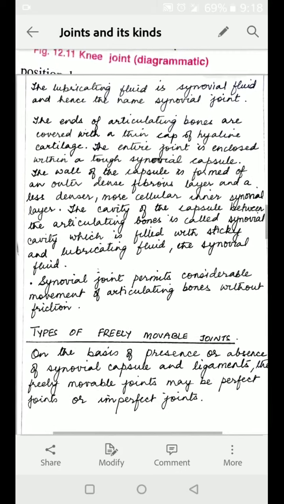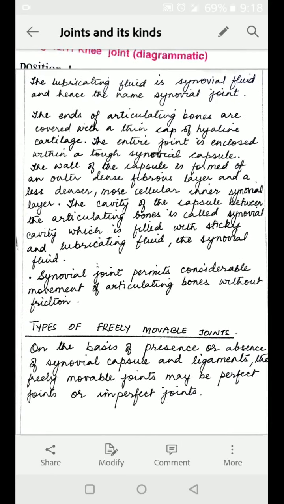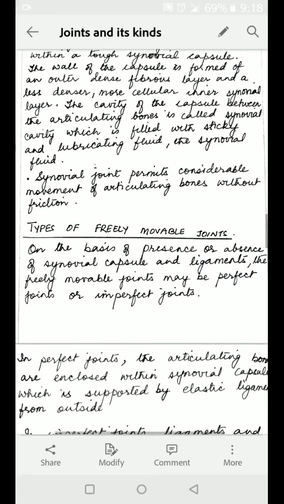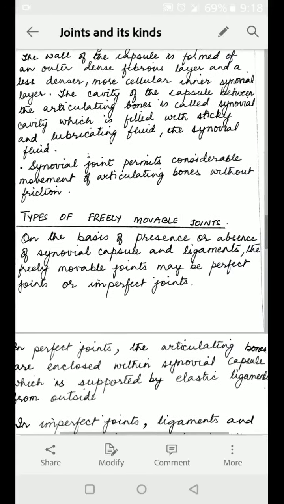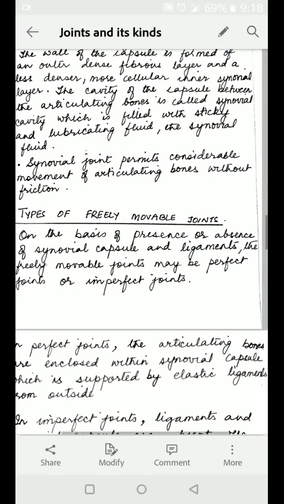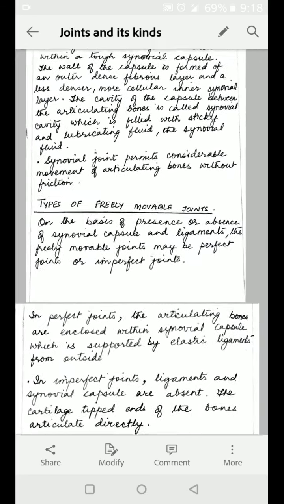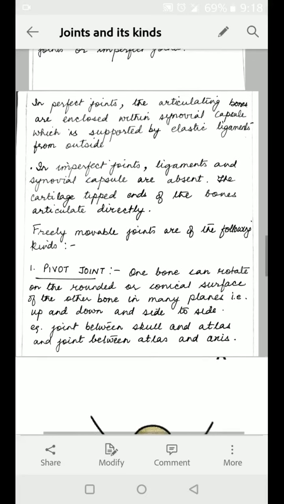So now we come to the other types of freely movable joints. On the basis of the presence or absence of the synovial capsule and ligaments, the freely movable joints may be perfect joints or imperfect joints.